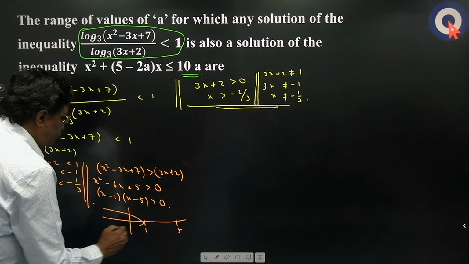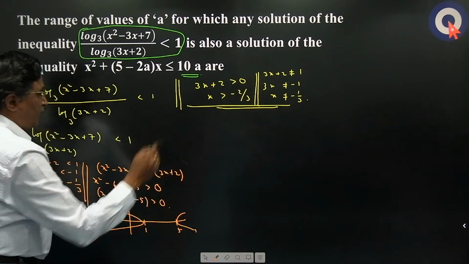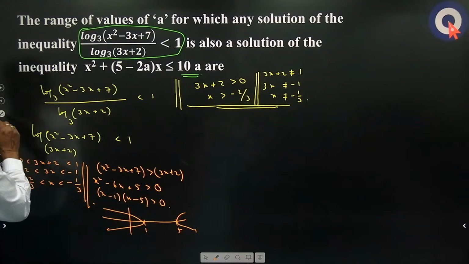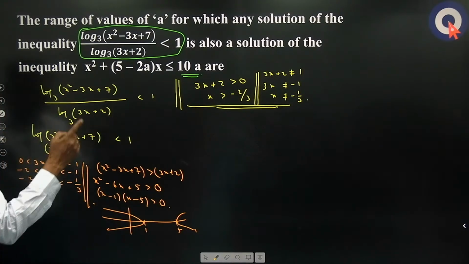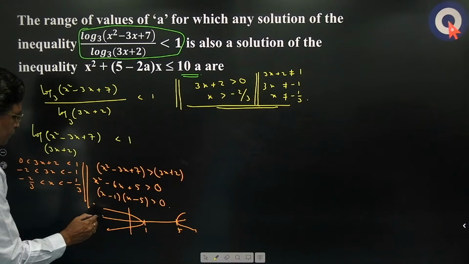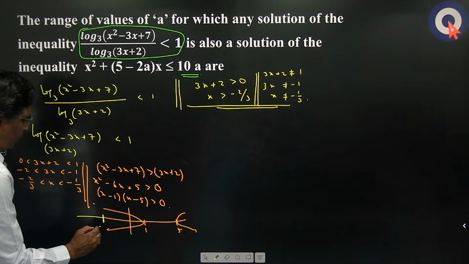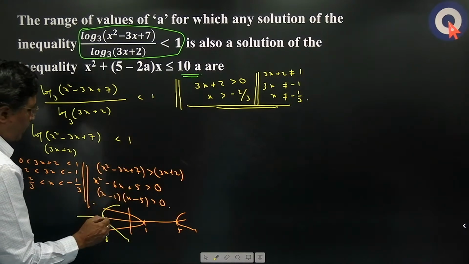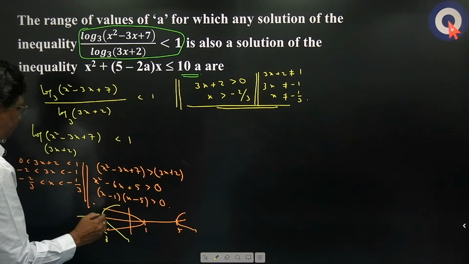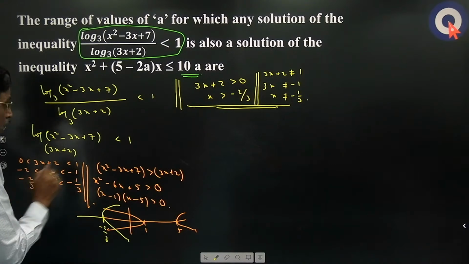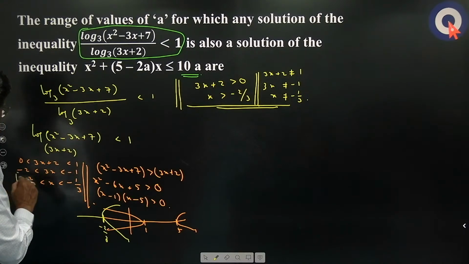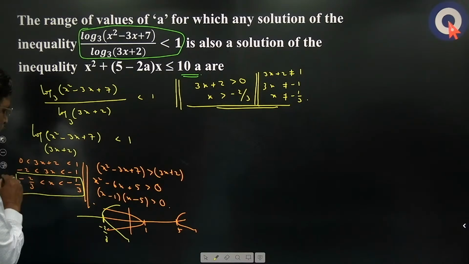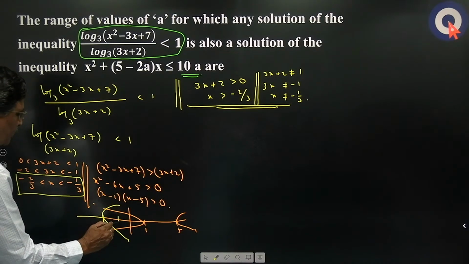So here, let us also look at our conditions. x has to be greater than minus 2 by 3, and it cannot be equal to minus 1 by 3. That is one thing, and second thing is we have this requirement, minus 2 by 3 to minus 1 by 3.